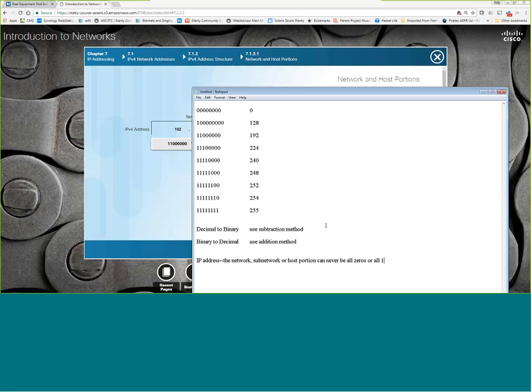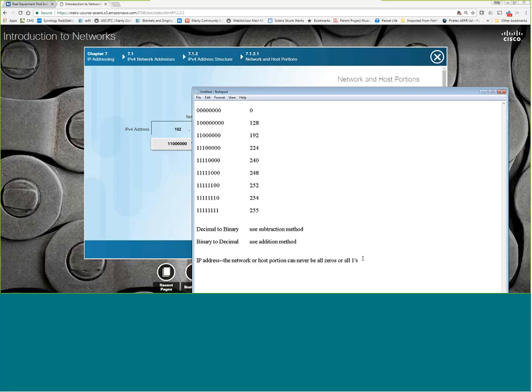However, we changed that a little bit because we started using subnetwork 0. So now we basically just say that in an IP address, the entire network portion or the entire host portion cannot be all zeros or all ones.